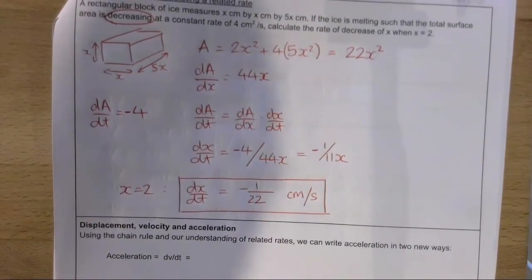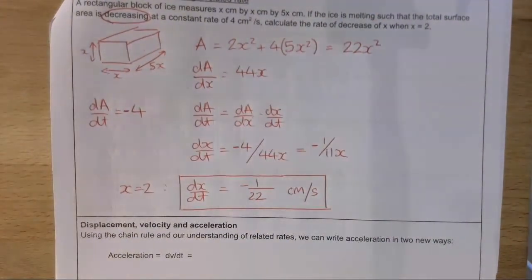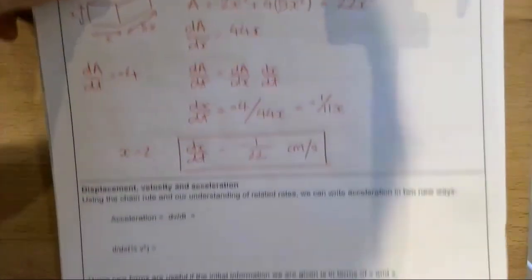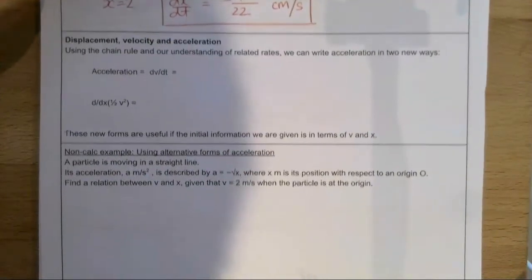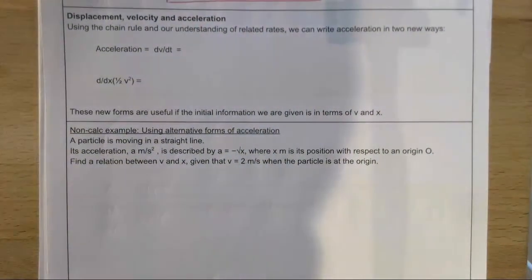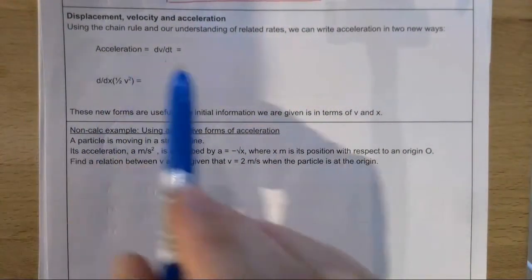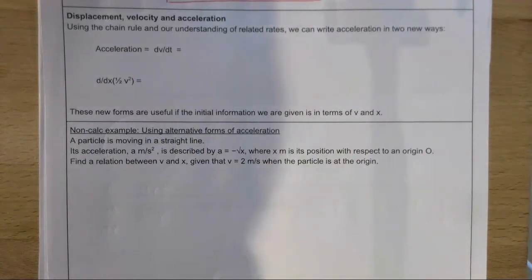Okay. Hopefully that's giving you the idea of these questions, and in fact, in the exercise you'll see most of them now match the form of the three that we've looked at. But what I wanted to do is just at this point introduce a bit of content that is going to come up later in the course, because it's really closely related. And it's about a special case for when we can do these related rates with displacement, velocity, and acceleration.